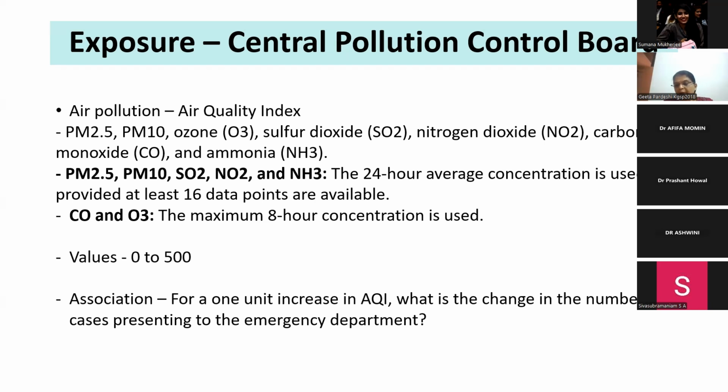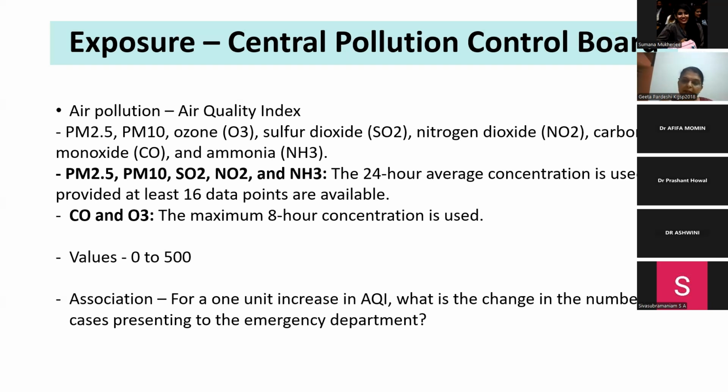Now, what I'm trying to tell you is, you should know what your outcome variable is, what your exposure variable is, and then from where you are going to get the data, and how you are going to define the variable. So we now have an index which is going to help us measure the air pollution, and we are going to get this from the website of the Central Pollution Control Board.